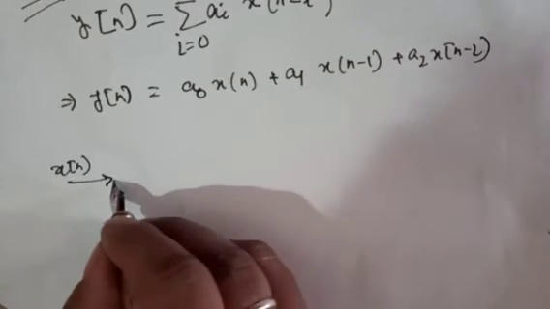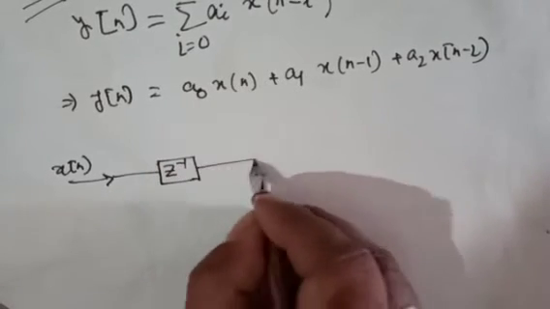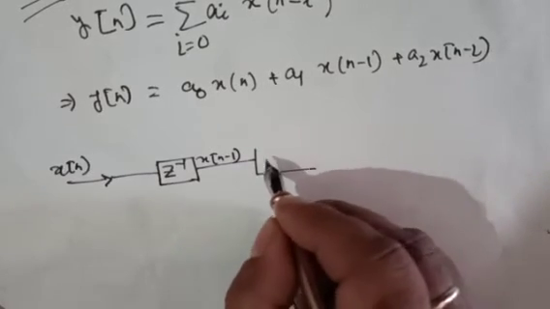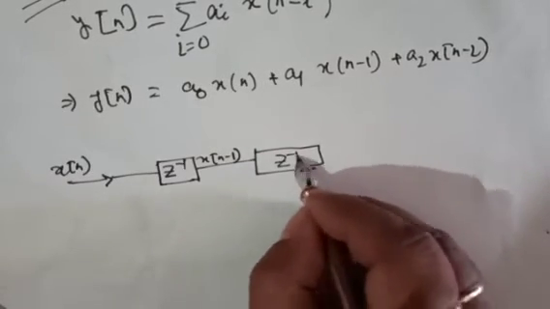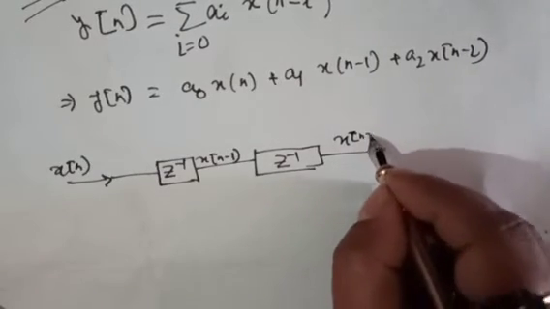Now if I use one z inverse block here, it will be x of n minus 1 here, then one more z inverse block, it will be x of n minus 2 here.